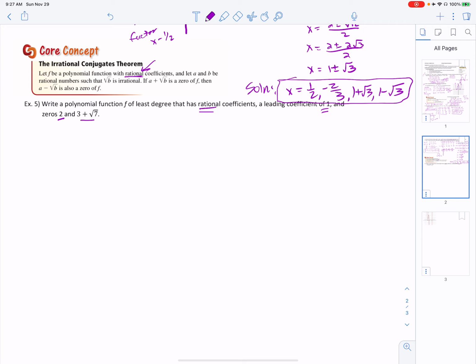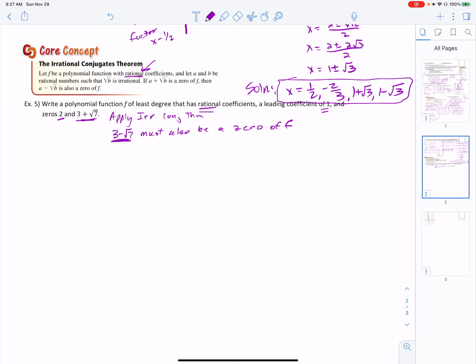Because it has rational coefficients, you have to just apply the irrational conjugate theorem and know that 3 minus root 7 must also be a 0 of f. So they gave you 3 plus root 7. You have to be aware of the irrational conjugate theorem that since this is a polynomial with rational coefficients, 3 minus root 7 must also be a 0 of this function.